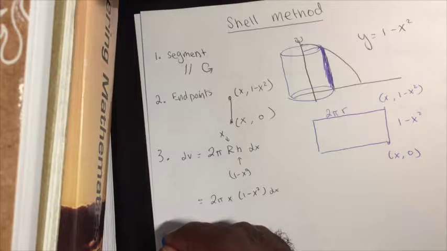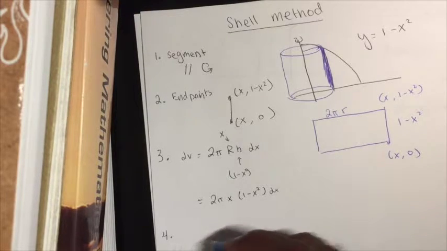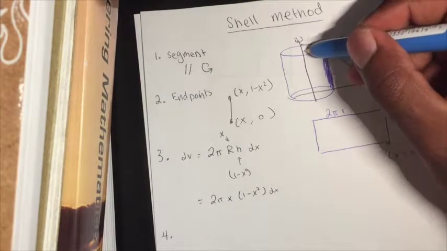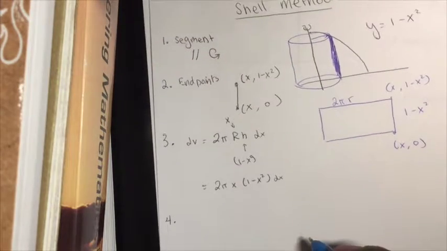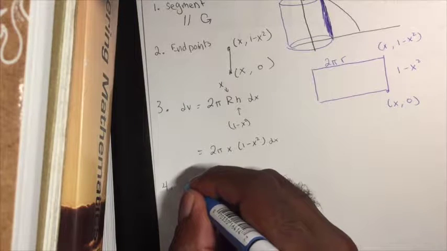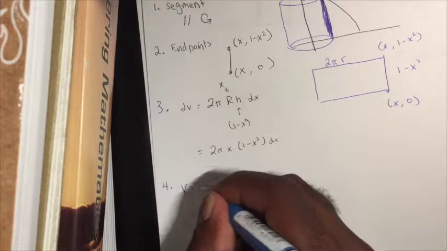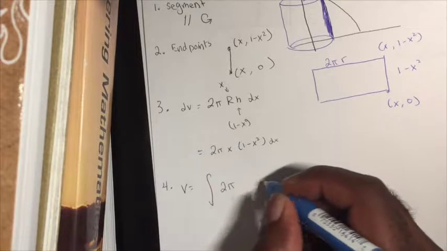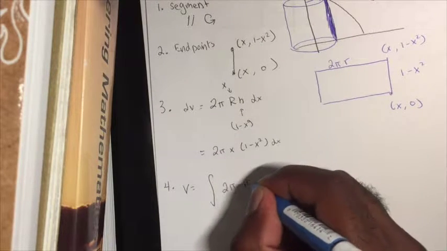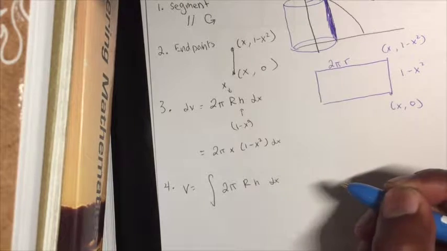Cool. And finally, for our fourth step, we need to integrate this so that we account for all of the shells that can be created while going down the function. So the volume equals the integral of 2 pi, in general form, r h dx.